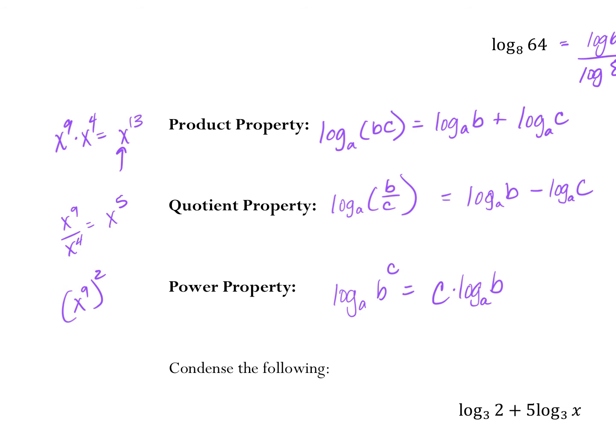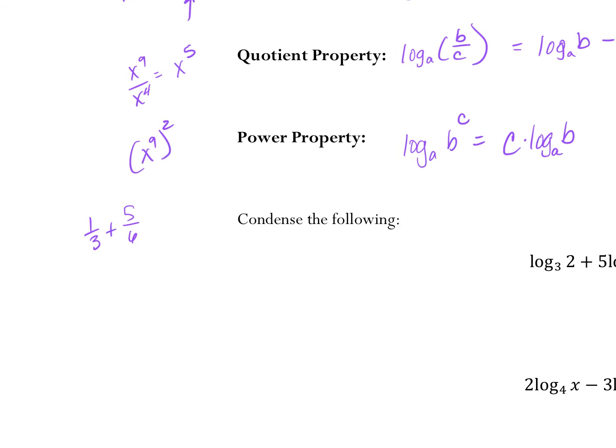Now, the reason we do this is sometimes it's easier to see things in a different form, okay? Not any different, guys. If I ask you to do 1/3 plus 5/6, how would you do it?